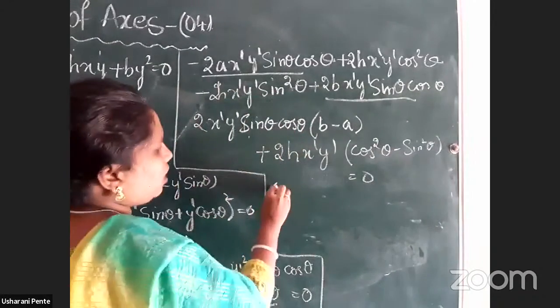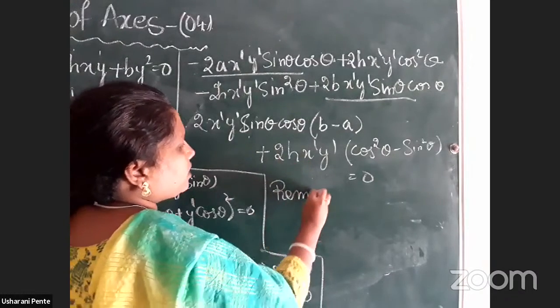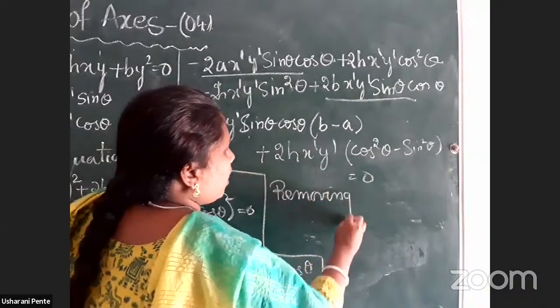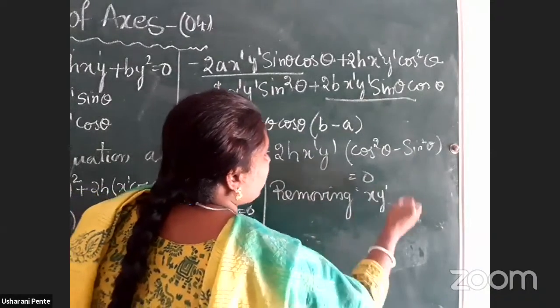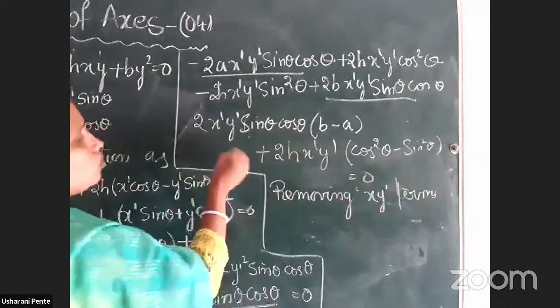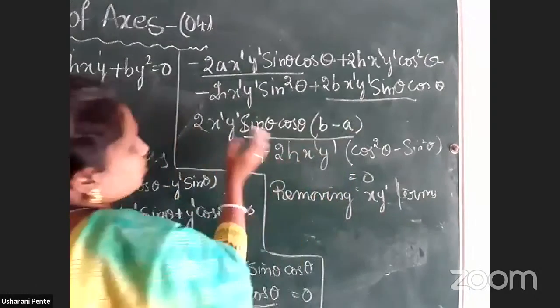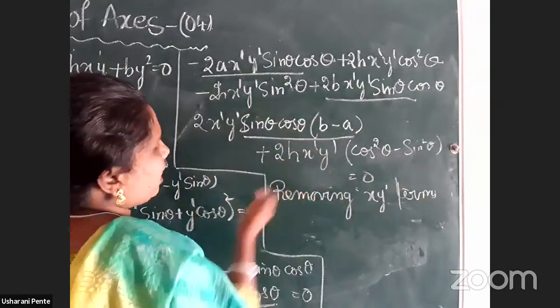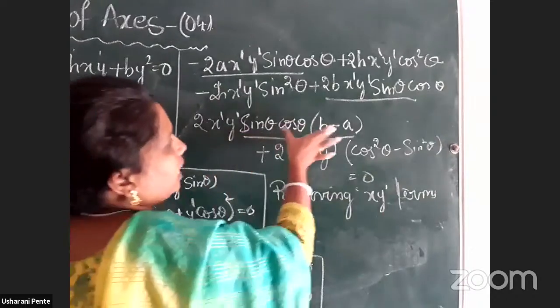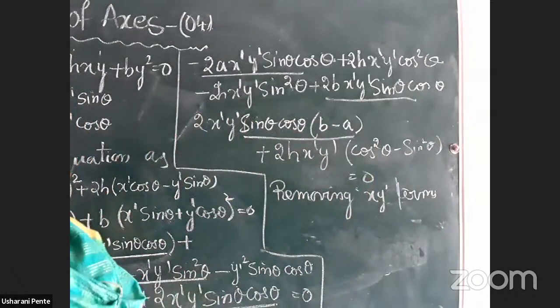Now we have to remove the xy terms. Removing xy terms means we need to equate these terms to 0. If I take 2x dash y dash common, what are the other things we get? We have to equate it to 0.